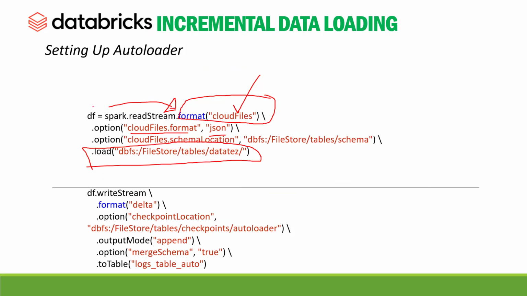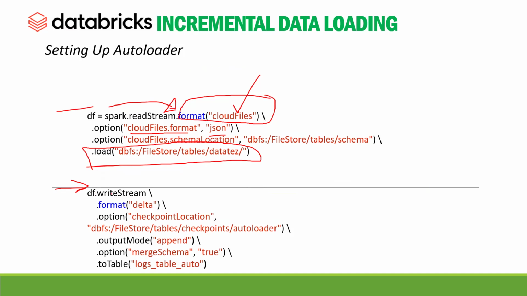After that, the data frame is there, and whatever we would like to do, we can perform operations on it. Once all the transformations are done, you can write that data to the destination. Here I'm just considering that we are picking the data as it is, and we are going to save it as a Delta table.